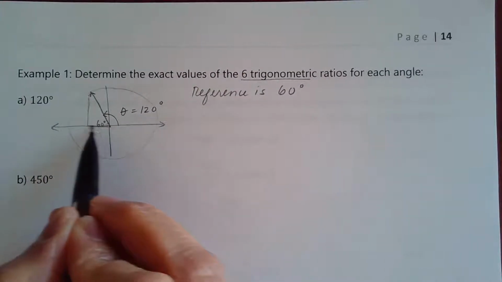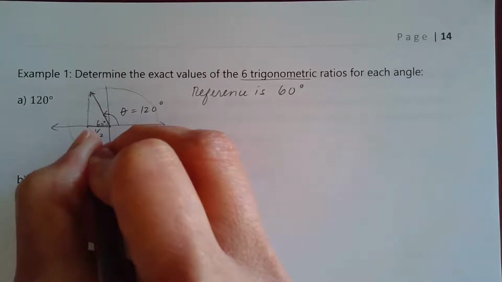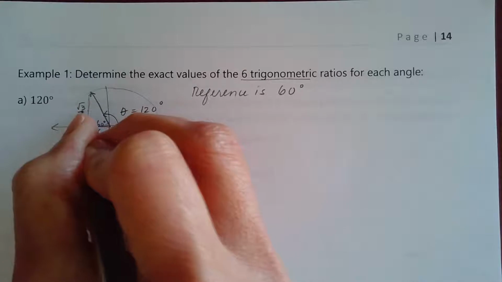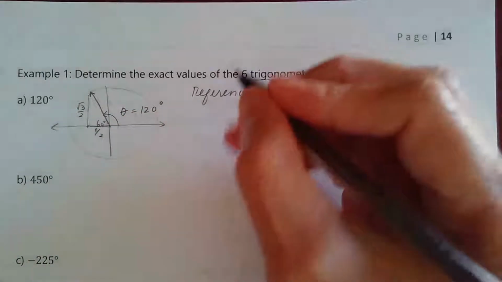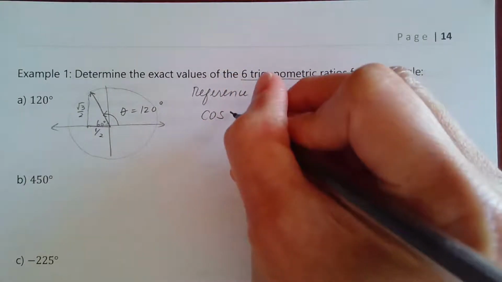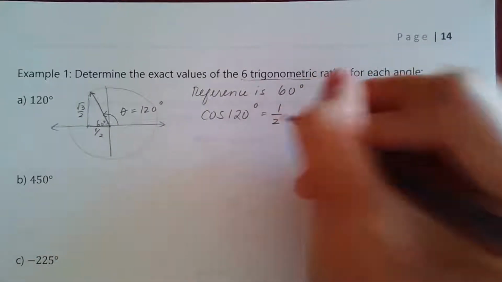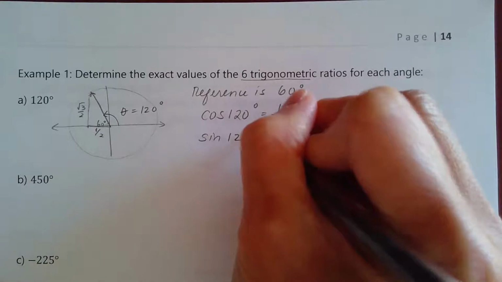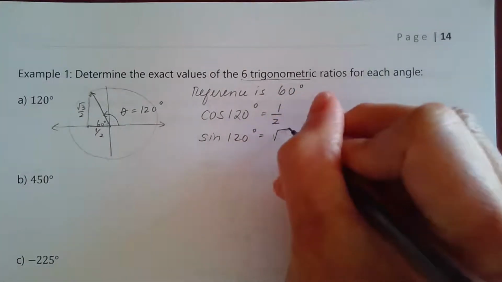This is about a half right here. So this is a half. And how far up is that? That's going to be root 3 over 2. So cosine of 120 degrees is going to be negative 1/2. Sine of 120 degrees is going to be a positive root 3 over 2.